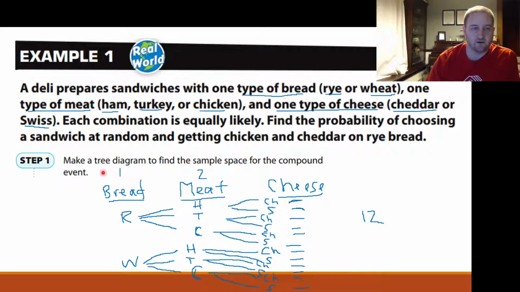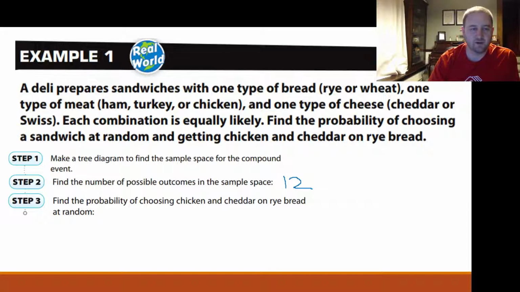First, the type of bread needs to be rye, the meat needs to be chicken, and the cheese needs to be cheddar. There's only one outcome, rye with chicken and cheddar. So the probability of choosing chicken and cheddar on rye is 1 out of 12 possible combinations, so it's 1/12.